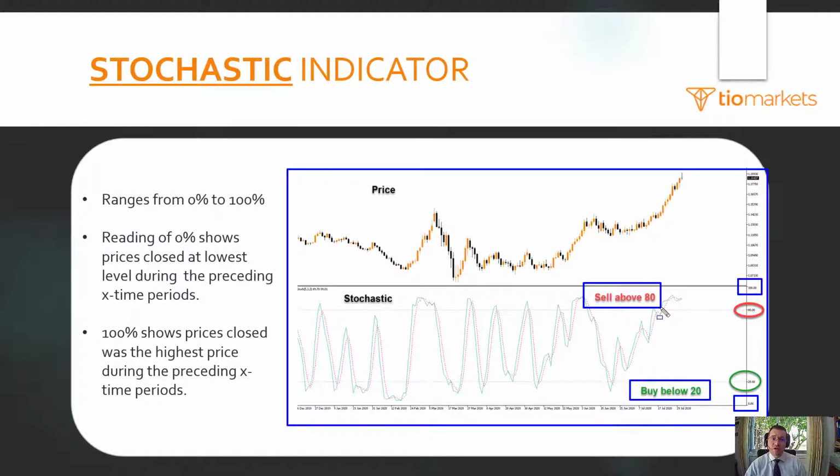But there are some rules here. Just because the stochastic indicator is below 20 or above 80 doesn't mean we need to rush into the market to buy and sell. No, that's not how this works. This works by confirmation.